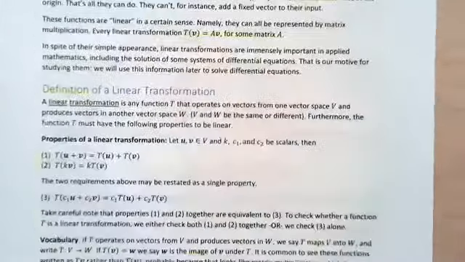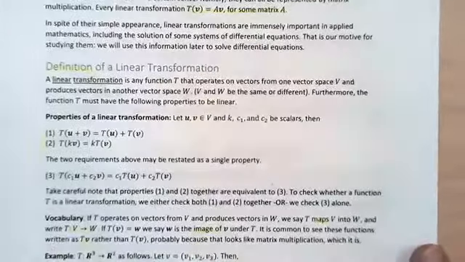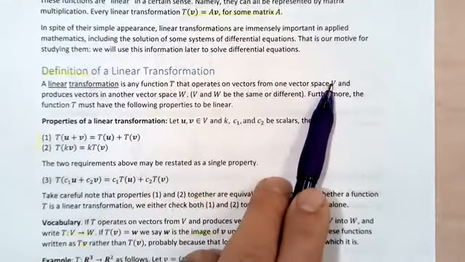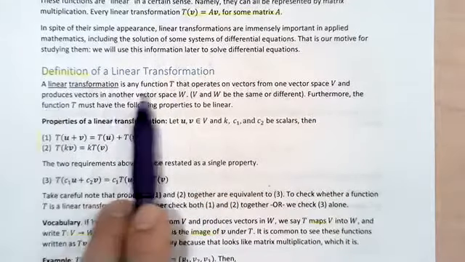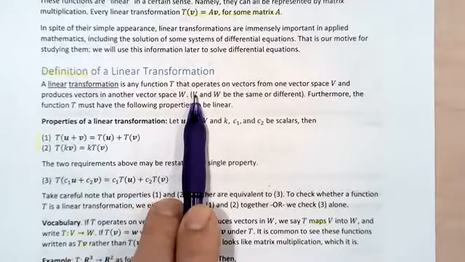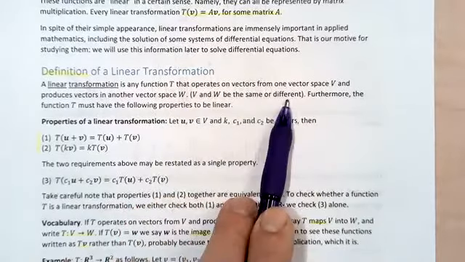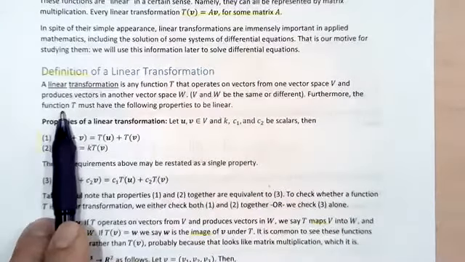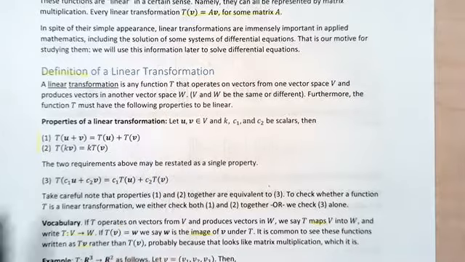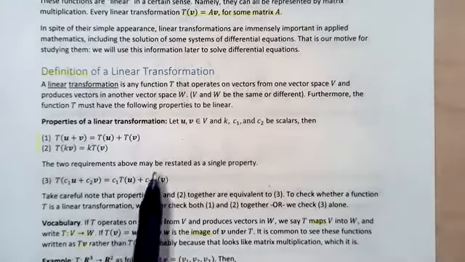Now, what is a linear transformation? Well, here's the official definition. A linear transformation is any function T that operates on vectors from one vector space V and produces vectors in another vector space W. Now, V and W may be the same or they may be different. Furthermore, the function T has to obey the following properties in order to be called linear.